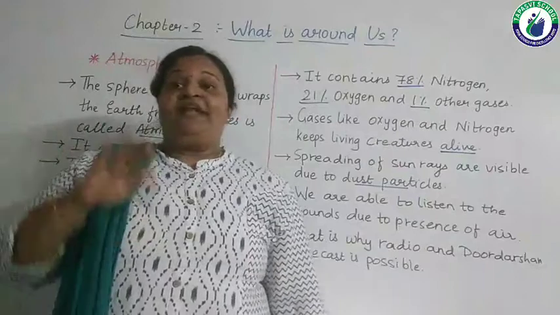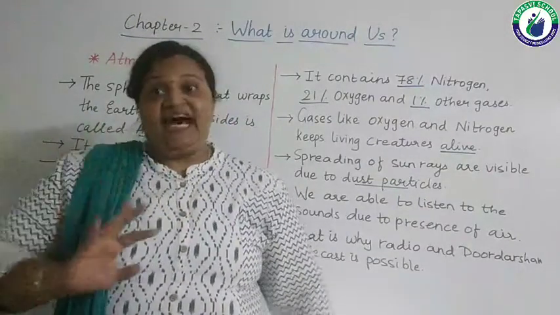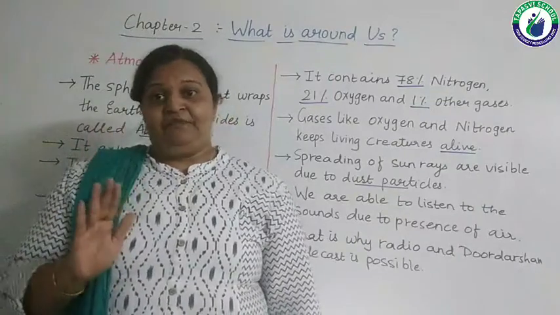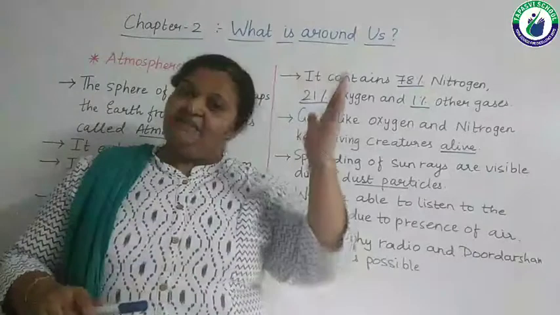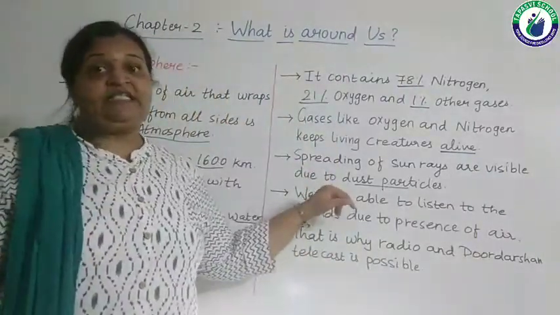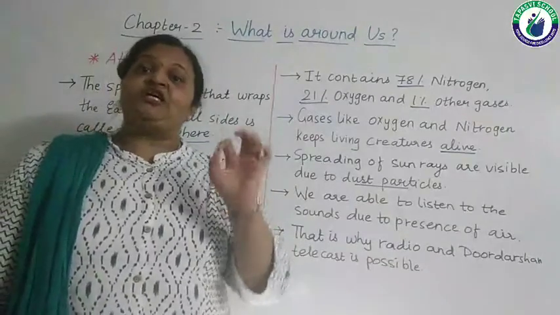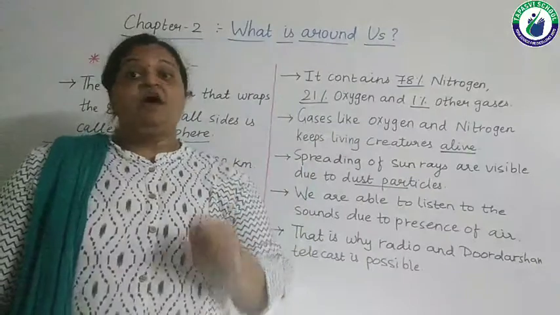Or whenever the sun sets, it does not suddenly turn dark. It takes time and gradually it becomes dark or it becomes bright. This is all because dust particles play a major role in the spreading of sun rays on the earth.